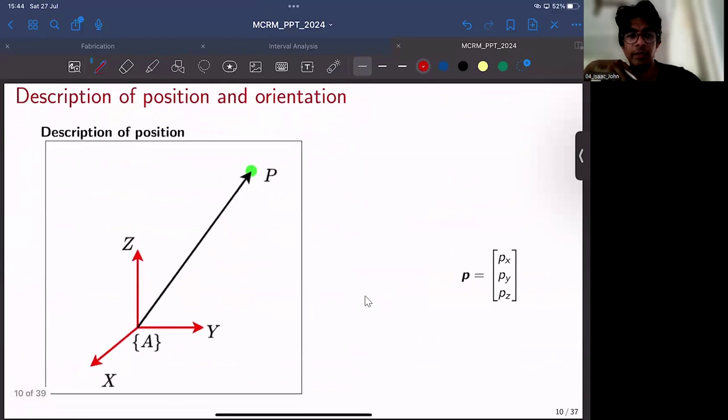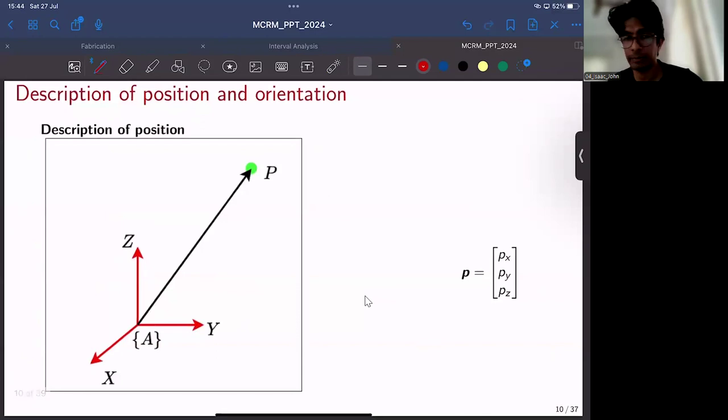So next we move on with the description of position and orientation of a point, for example. So consider a point P in space, right? So this is described by a vector with respect to a fixed frame of reference, what we call as frame A. And the frame A is actually defined by these basis vectors X, Y, and Z. So you can basically describe this point P using vectors along these unit vectors or basis vectors along X, along Y, and along Z. Right.